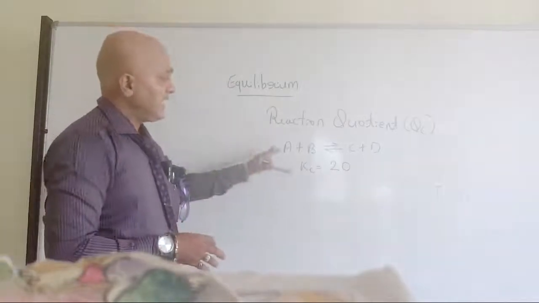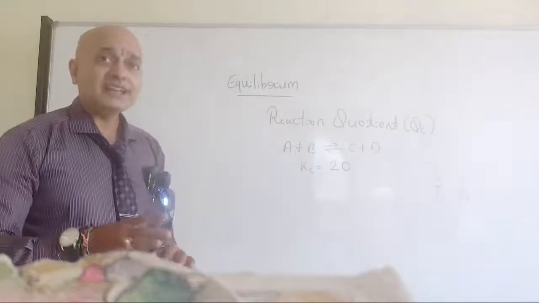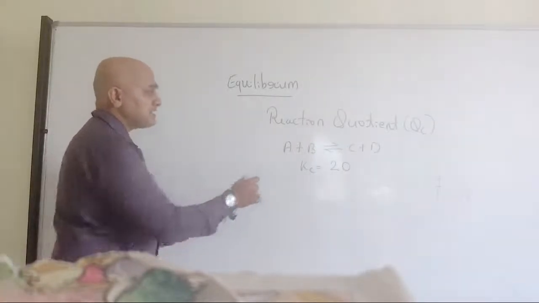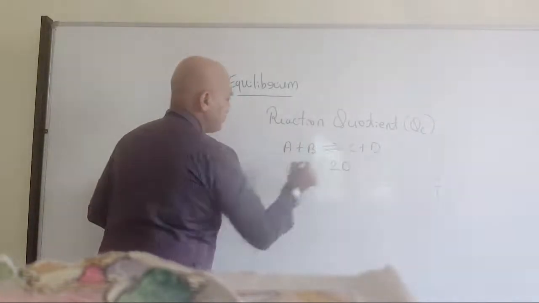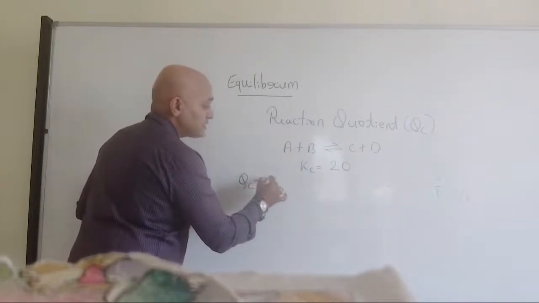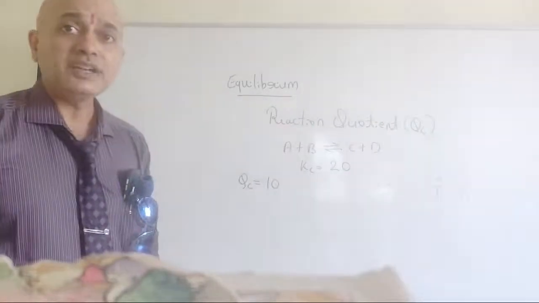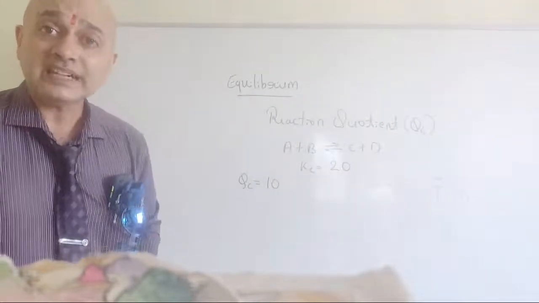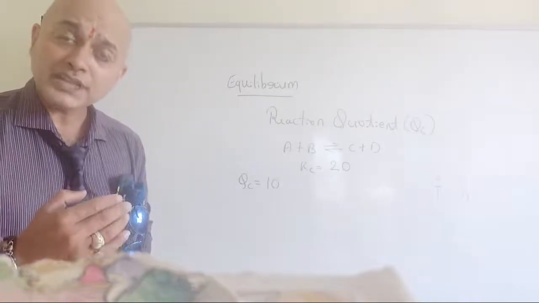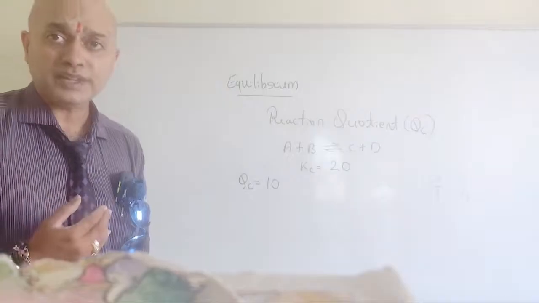Now, this reaction is happening. In between, while the reaction is going on, we check the concentrations of these, and I take that as the Qc value. The Qc value is somewhere around 10. So what does it indicate? Whether the forward reaction will be happening from now onwards, or the backward reaction will be happening.